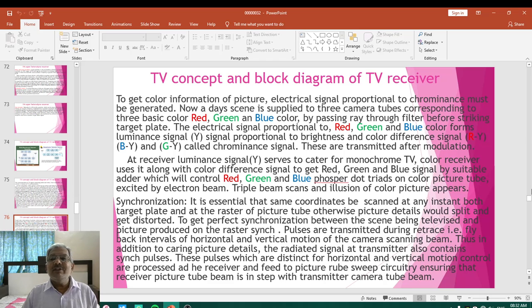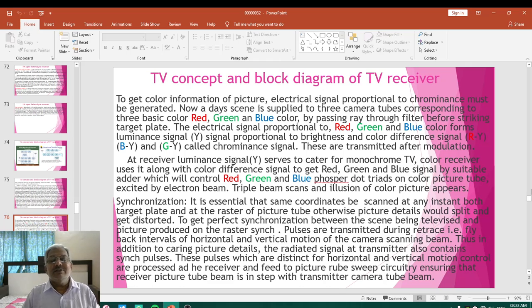How television receiver and transmitter are going to be communicating with each other by using the block diagram of television transmitter and that of television receiver.